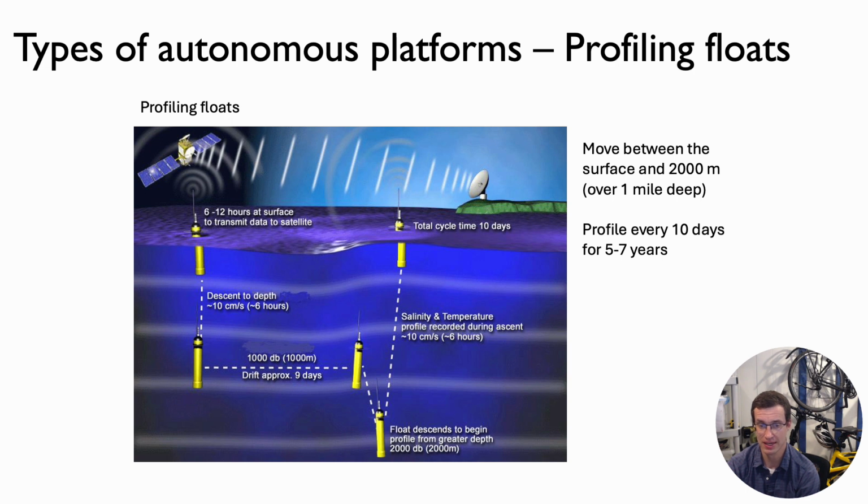They drift for around 9 days, and then they descend down to 2,000 meters and make measurements all the way up to the surface for a total cycle of about 10 days. So that's sort of the standard way that these work. This diagram hasn't been updated in a while. We now use Iridium communication, so they only take about 15 minutes to transmit their data via satellite.